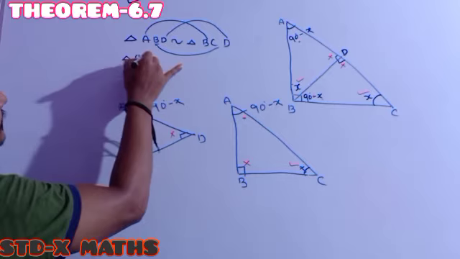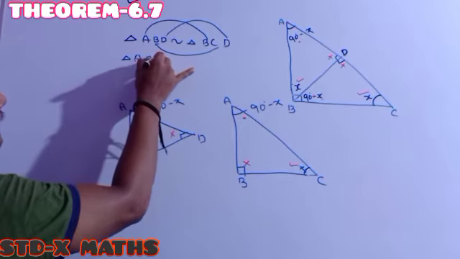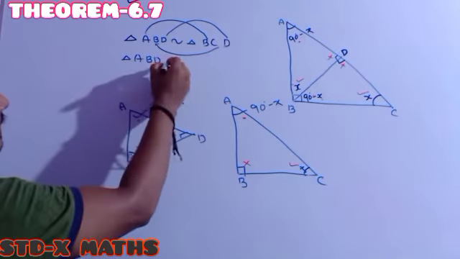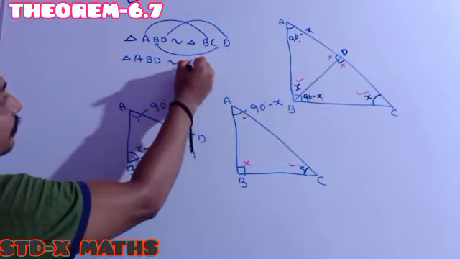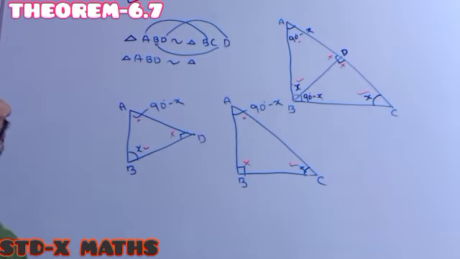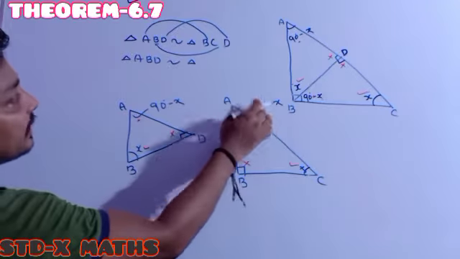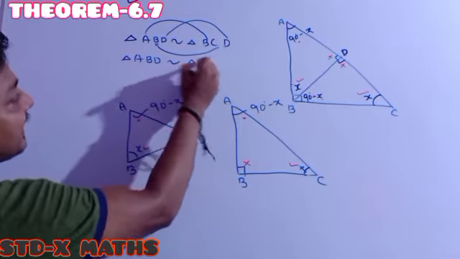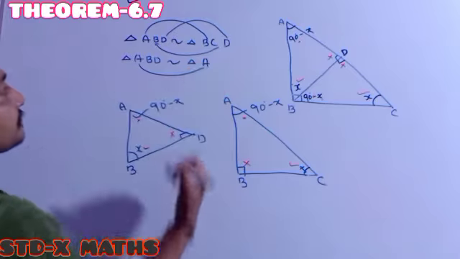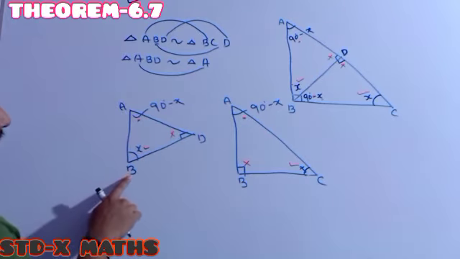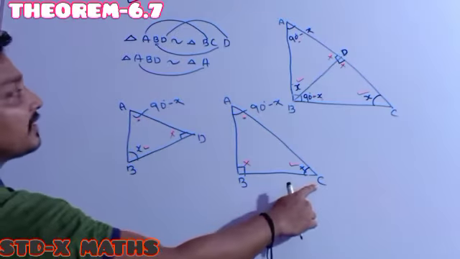I can write triangle ABD is similar to, see, here A is 90 minus x, here it is 90 minus x. So this A will match with this A. B of this triangle is matching with C of this triangle.